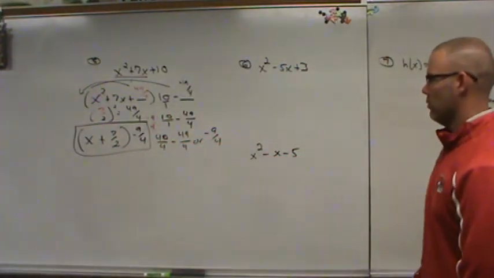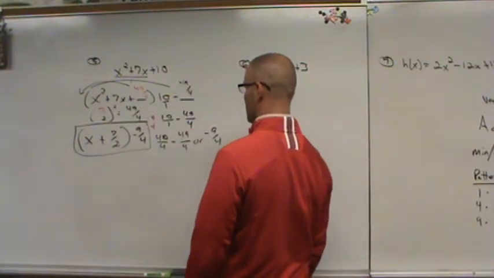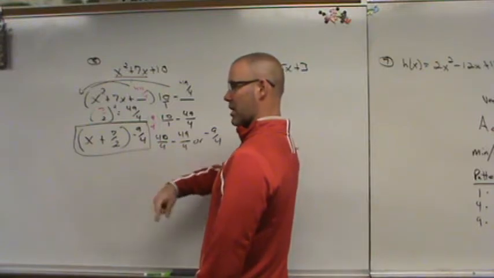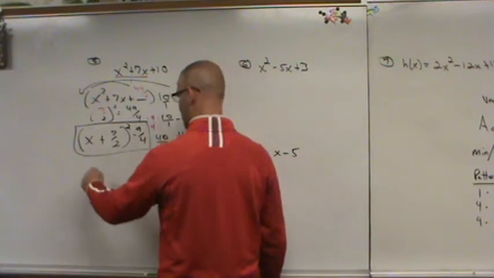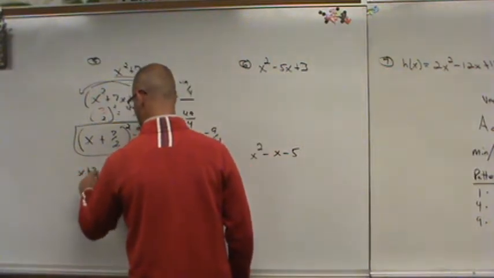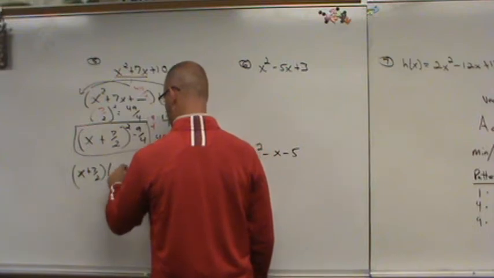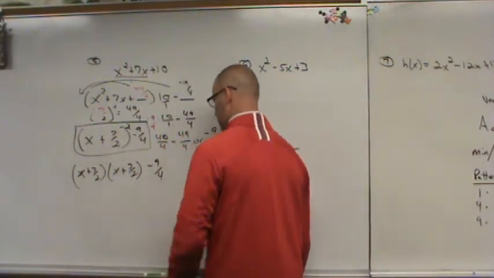Is that reasonable? Remember, if this middle term is odd, this last C value is going to be a decimal. If I did this right, I should be able to convert back. So x plus 7 halves squared is x plus 7 halves times x plus 7 halves, minus 9 fourths.